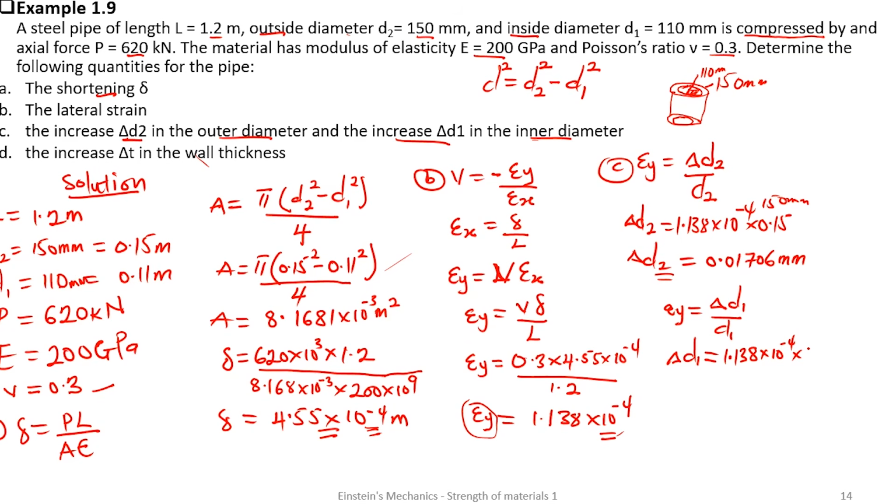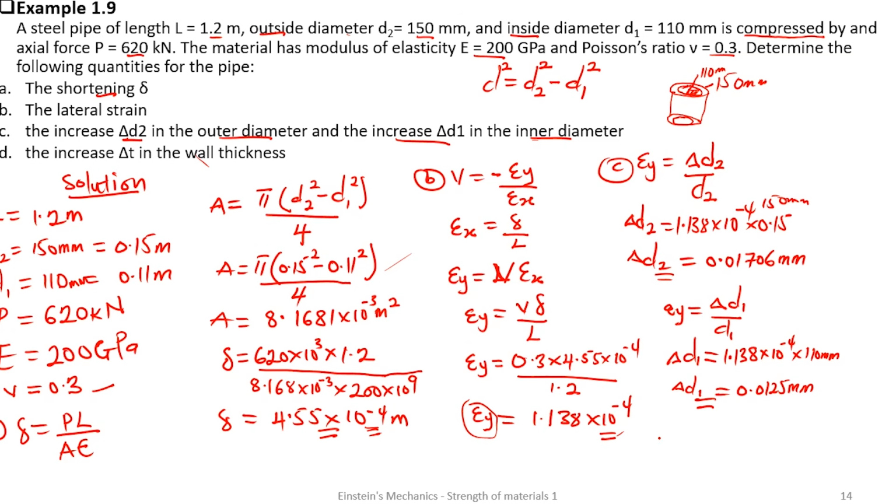Let's get the answer in millimeters. So I'm getting change in diameter 1 to be 0.0125 millimeters. That's the change in diameter 1. There we go. It's just a matter of knowing the lateral strain and expressing it in this form.